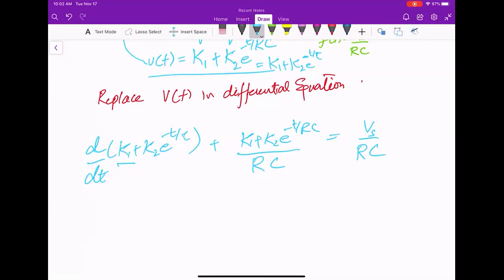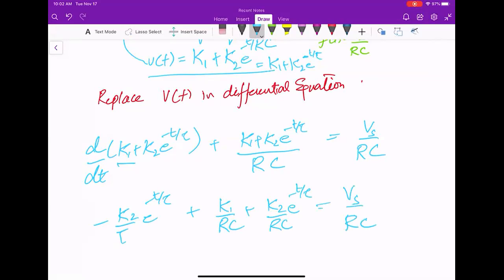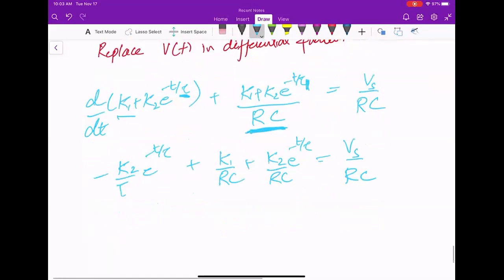I got confused, so now I will do it again. This will be minus K2 by tau, e to the minus t by tau, plus K1 by RC, plus K2 by RC, e to the minus t by tau. Why did I do that? Because I want to keep this RC and this tau separate. Previously I replaced everything by tau, which is not right, because ultimately maybe this will be equal to this, but I want to keep them separate right now.